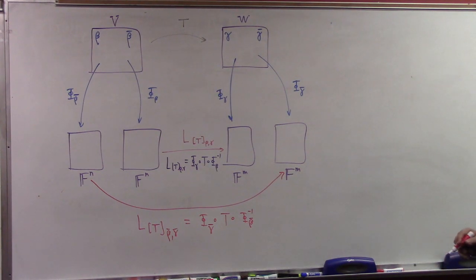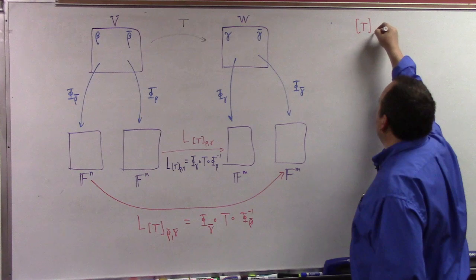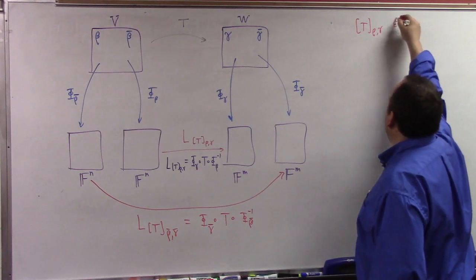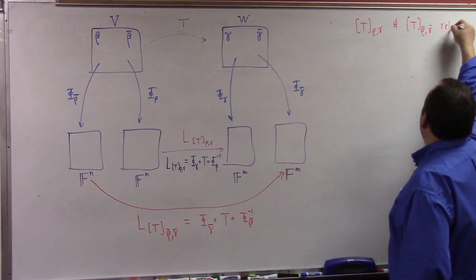Okay, so then my question is just this: how is T beta gamma and T beta bar gamma bar related?